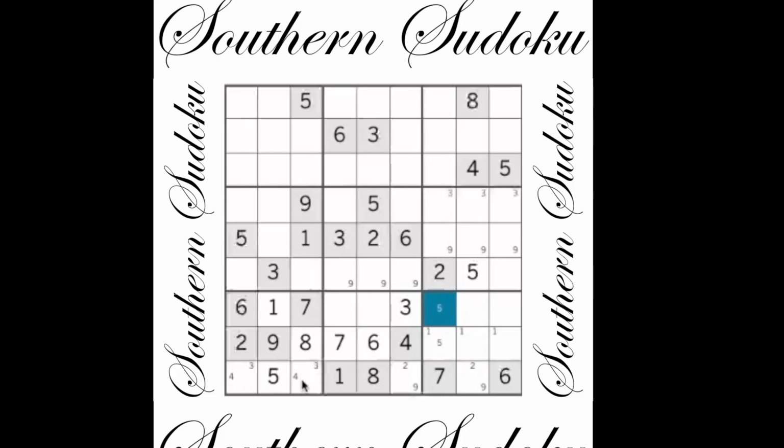I'm going to have a 4 here. Got a 4 here, which means the 4 has to be in this line. But we have a 4 in the middle there, so 4 is going to be either there or there.